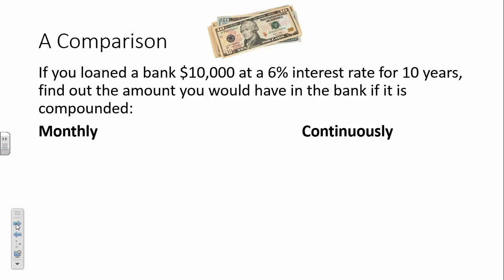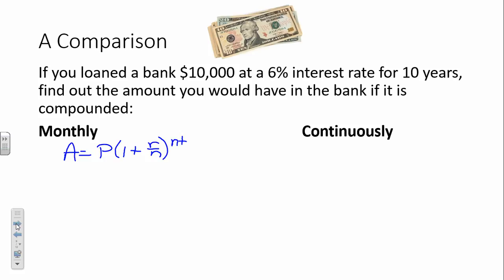much you would have in the bank if it's compounded monthly versus compounded continuously. And right now it's hard to find a 6% interest rate return because interest rates are so low. So this would have to be a heck of a deal. Okay, so $10,000, 6% interest rate, 10 years. When you see compounded monthly, you have to think about A equals P times (1 plus R over N) to the NT power.